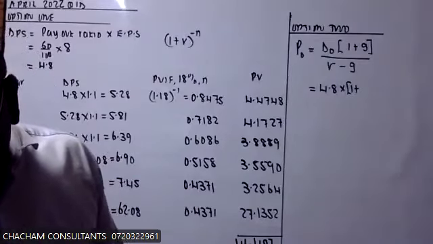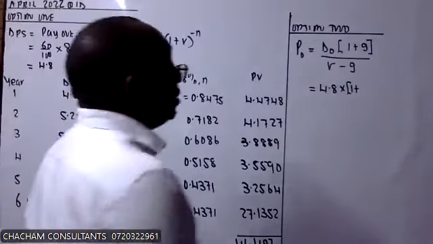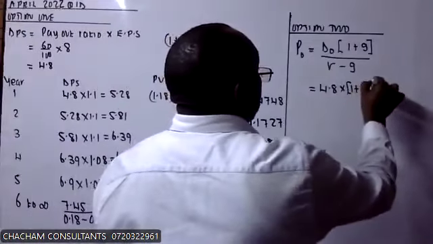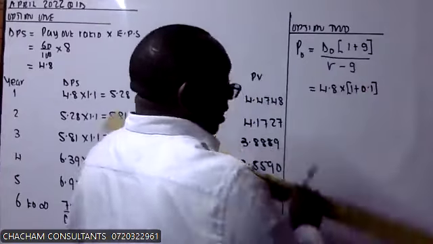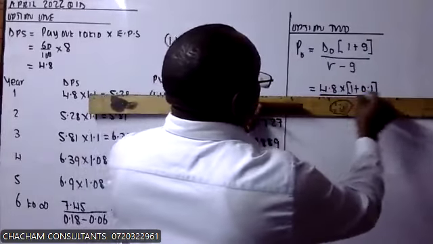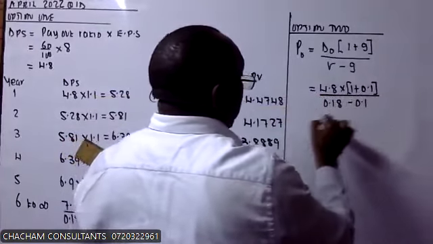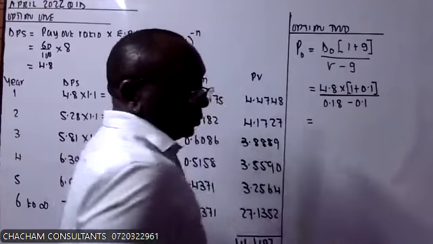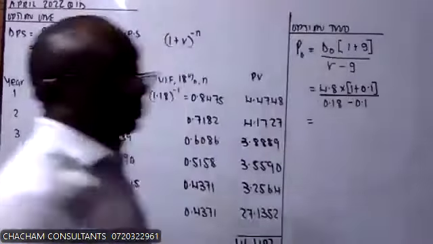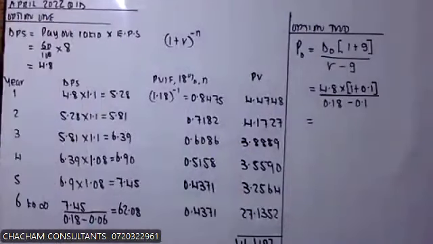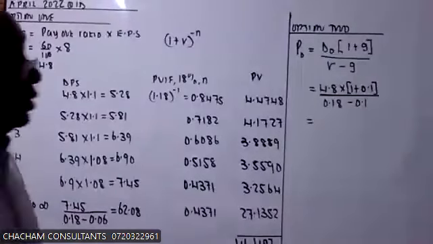We are growing at 10%. You divide this by 0.18 minus 0.1. So that is 66.